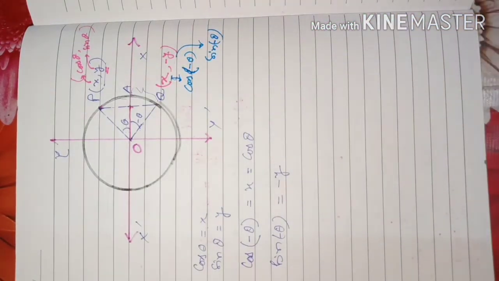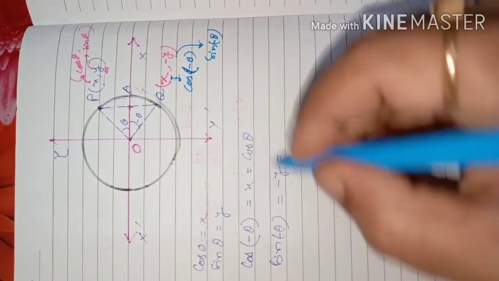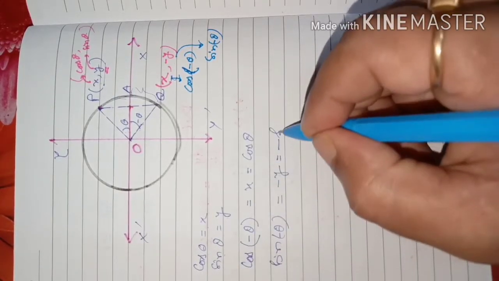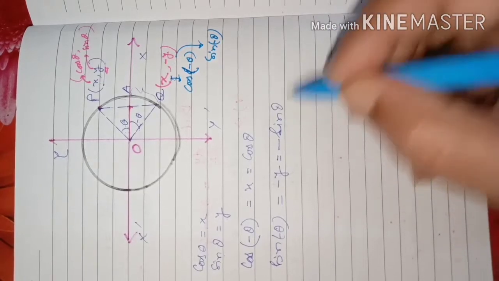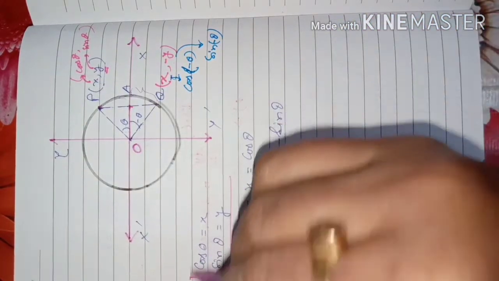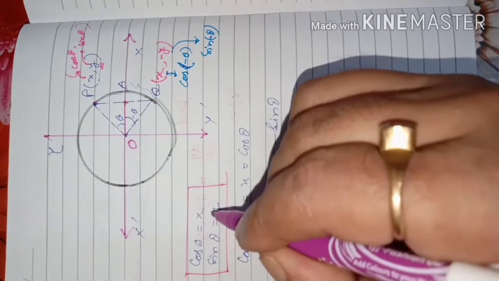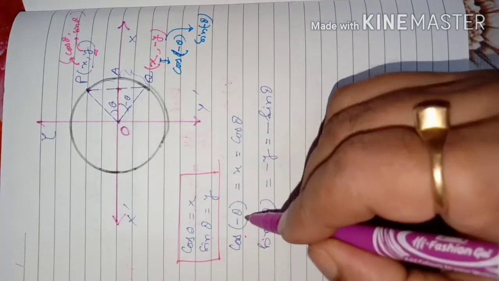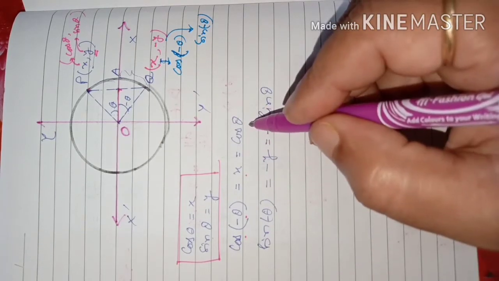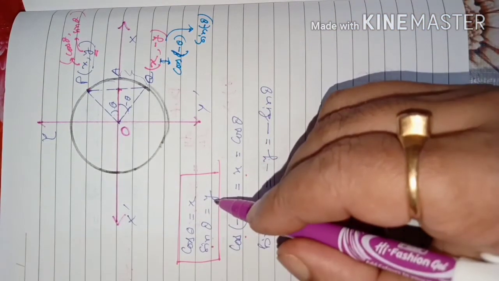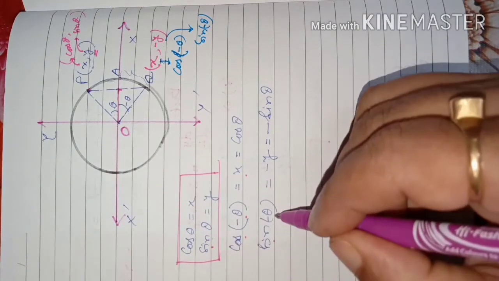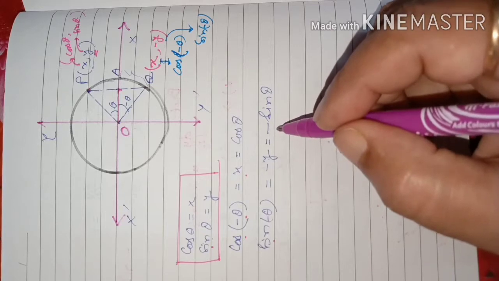And what does minus y stand for? Minus sine theta. So we have realized that if cos theta is represented by x, then cos of minus theta will be represented by x only, meaning cos theta. If sin theta is represented by y, then sine of minus theta will become minus y.